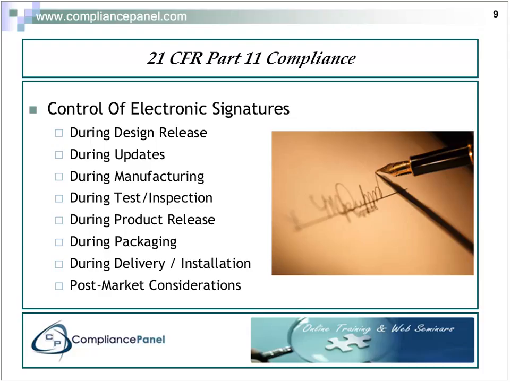So if you're using any of these methods where you're collecting electronic signatures at important stages, you need to show that you have a good validation process for obtaining these electronic signatures, and that you have the controls in place for your IQ, OQ, and PQ for that particular software. Your installation qualification, your operational qualification, and your production qualification for these things.